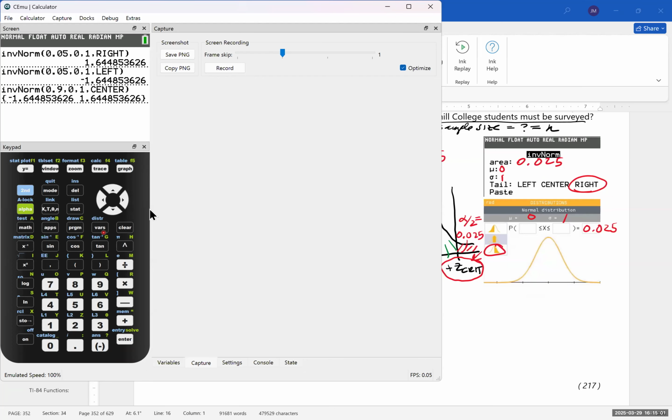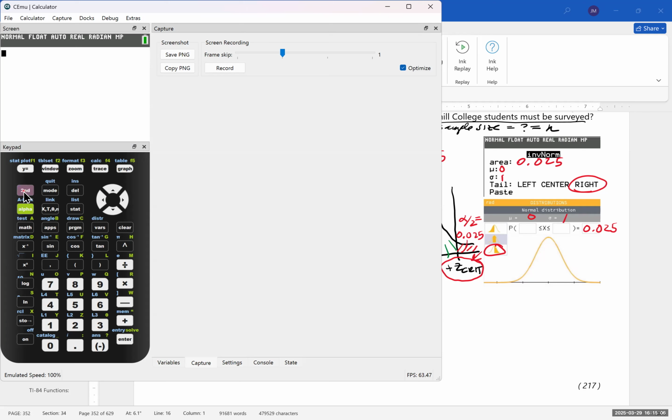Let's turn that back on. And let me clear what I've got there. Okay, second, vars, inverse norm. Area is 0.025, 0 and 1, to the right. And paste.